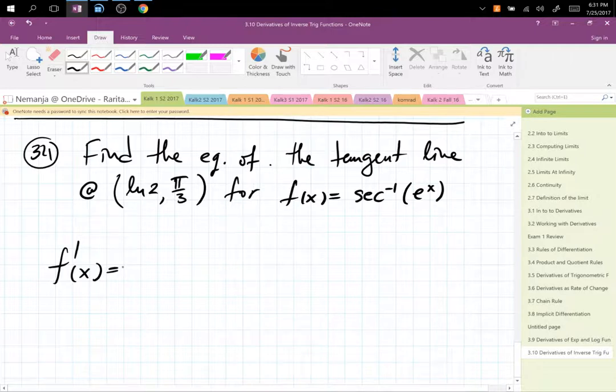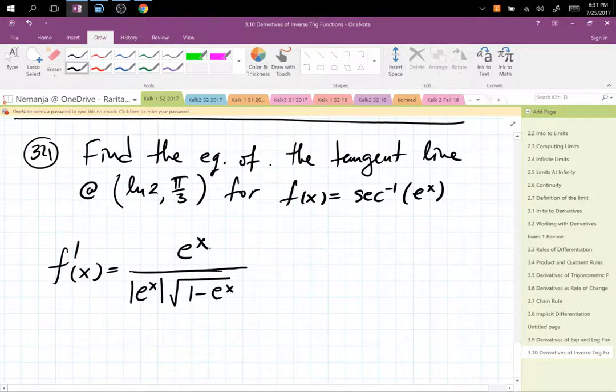It's going to be the absolute value, right? Times what? 1, and then the derivative of e to the x goes up there, and then these guys cancel, so the whole thing is 1 over square root of 1 minus e to the x.